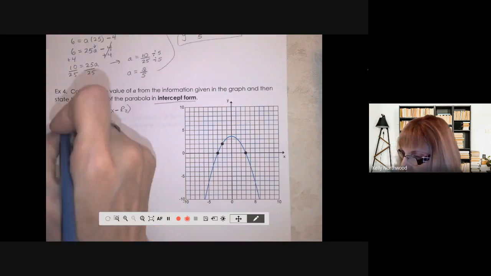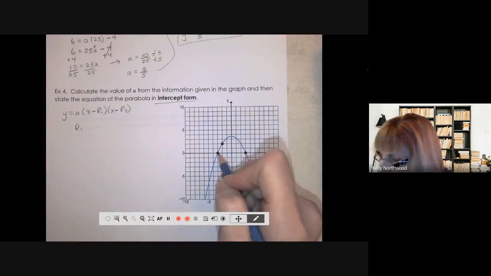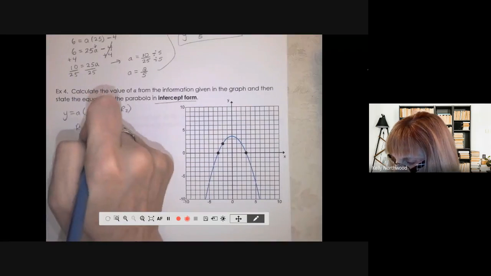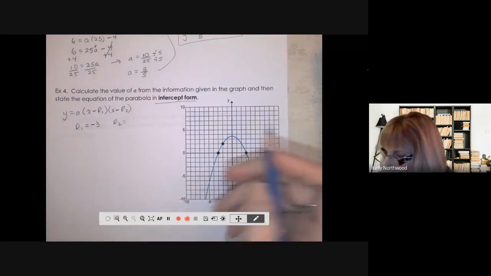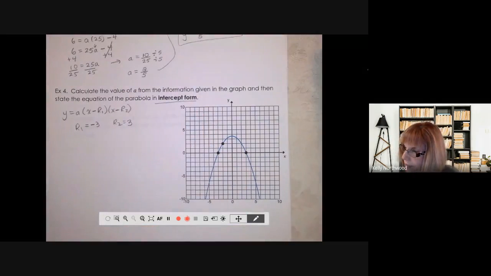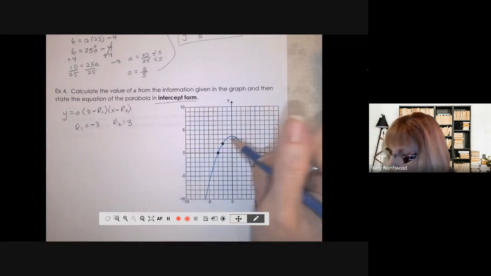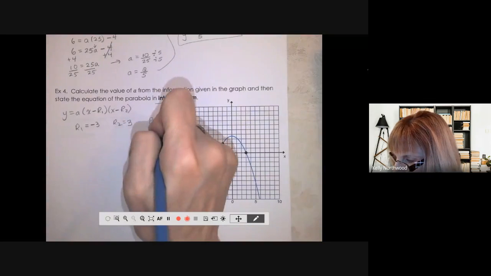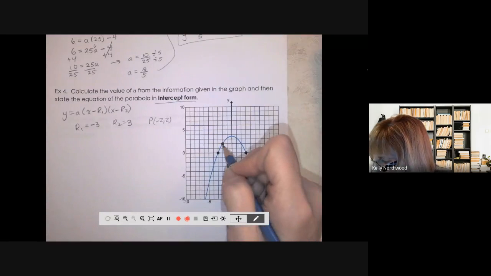So just looking on the graph, I could say R1 was -3 and R2 was +3. And then I also know this point here, which is at -2, +2.